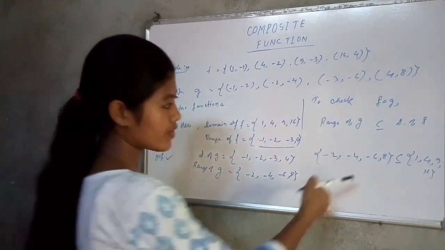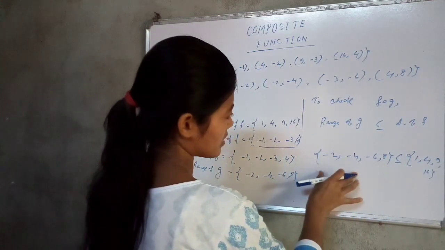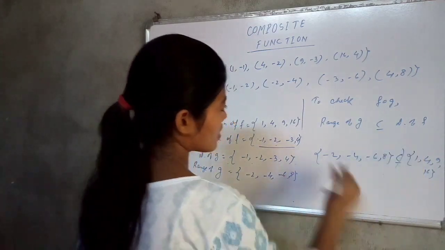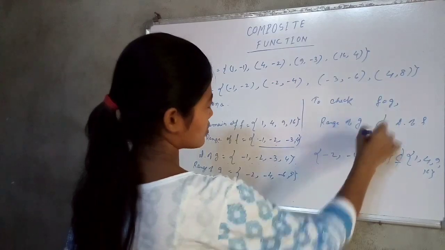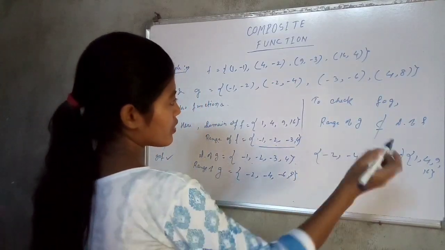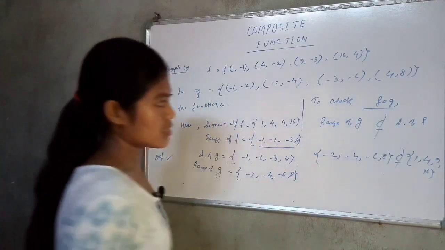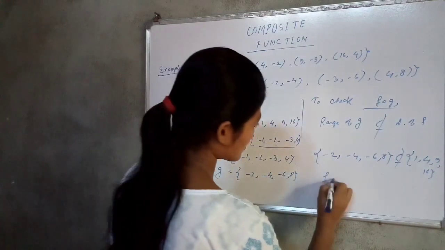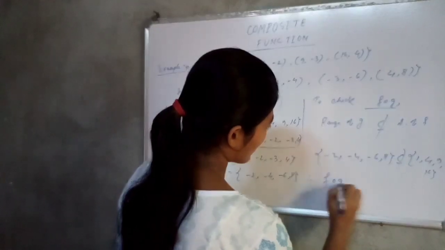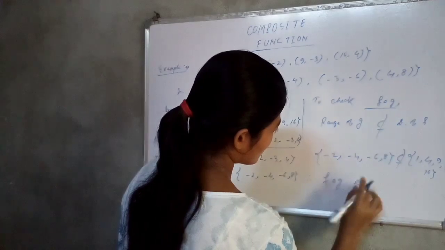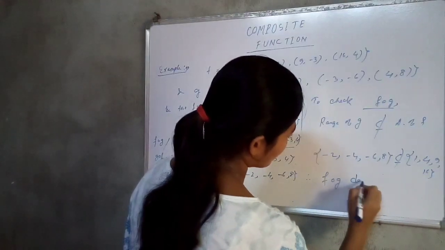You see here, definitely not. This could not be a subset of this set. Since this condition is not satisfied, we get that F naught G does not exist here.